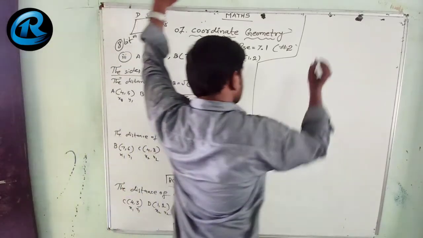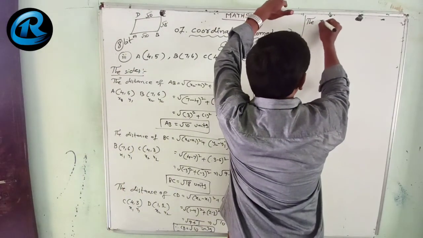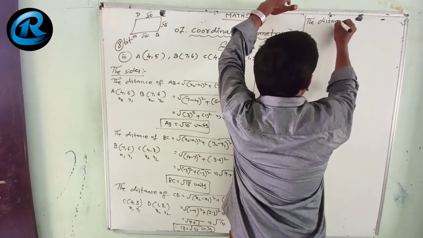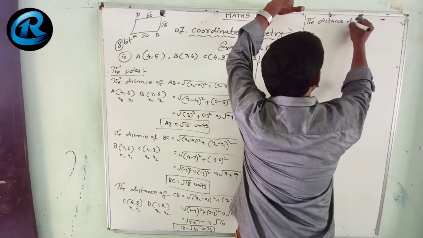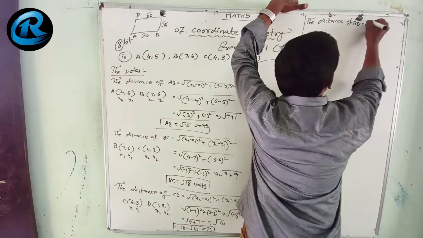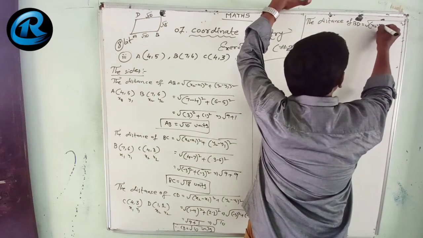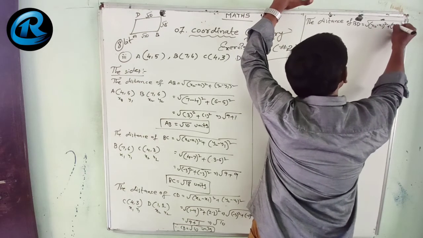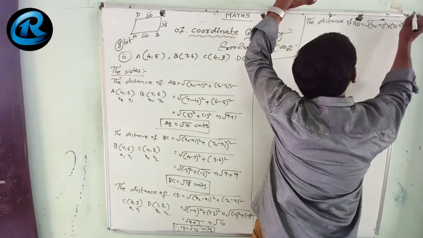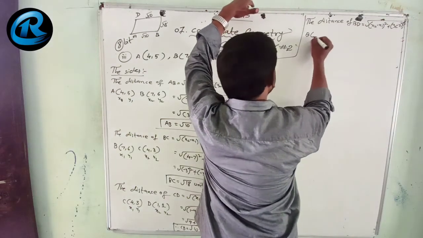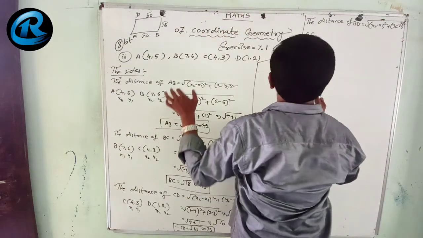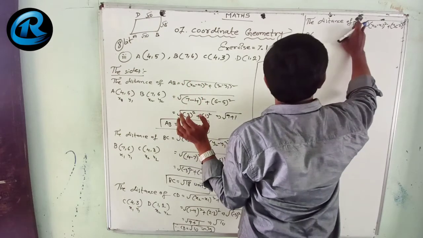Let us see the distance of DA. Equal to under root of x2 minus x1 whole square plus y2 minus y1 whole square.